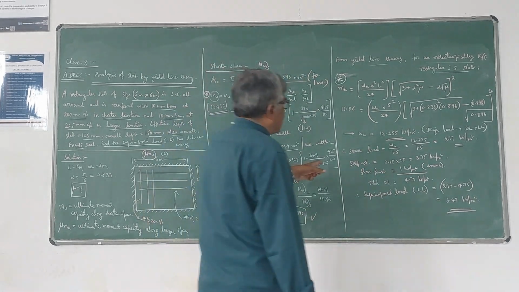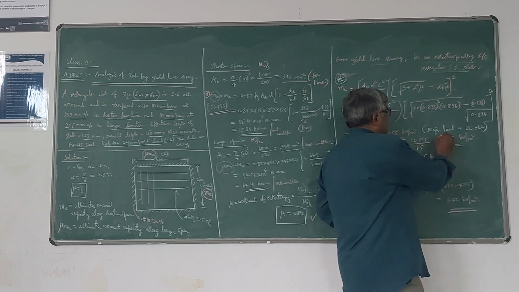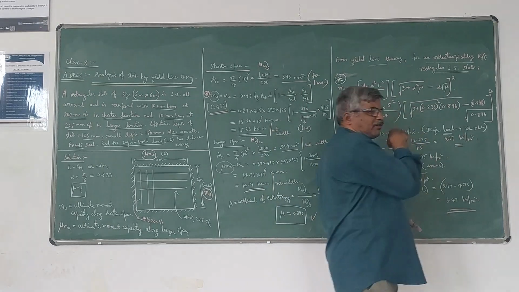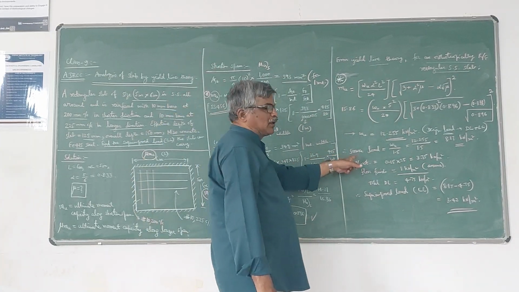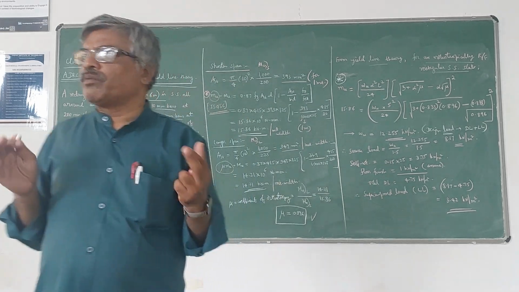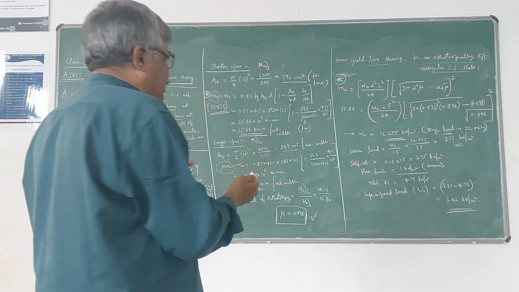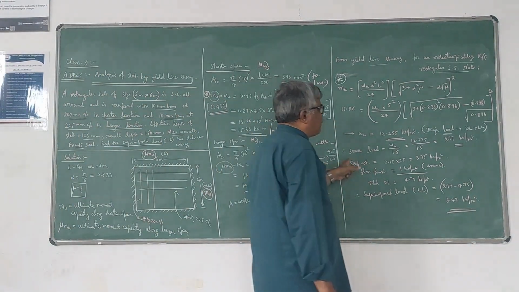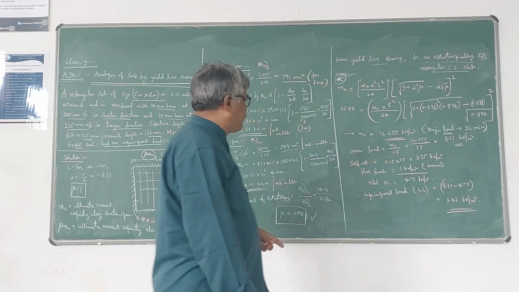After getting this design load, divide by 1.5, the factor of safety, to give the service load. In the design example, they will give the service load, which is multiplied by 1.5 to get the design load. This is reverse here. So design load divided by 1.5 gives 8.17 kilonewton per meter square.